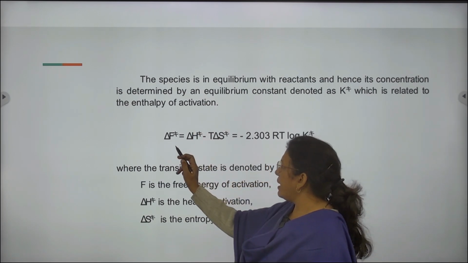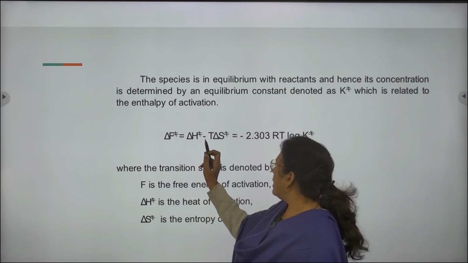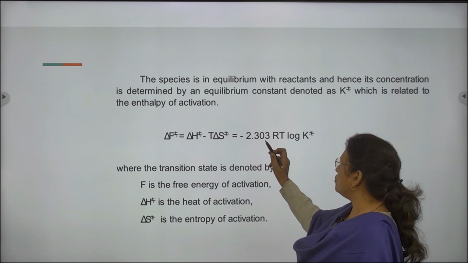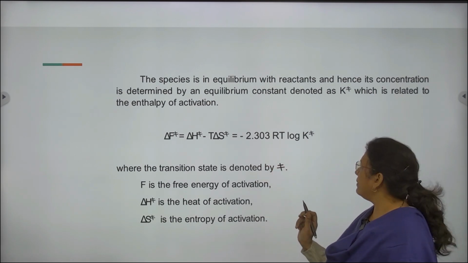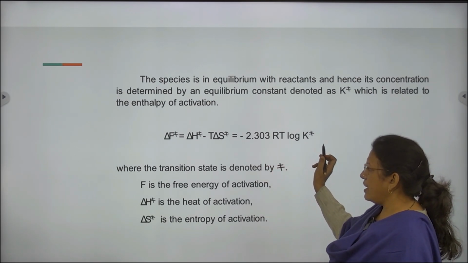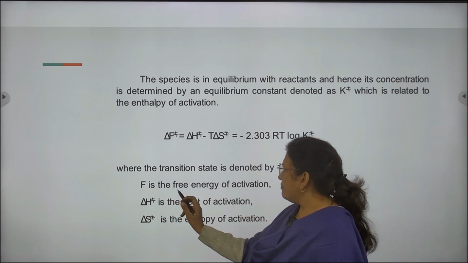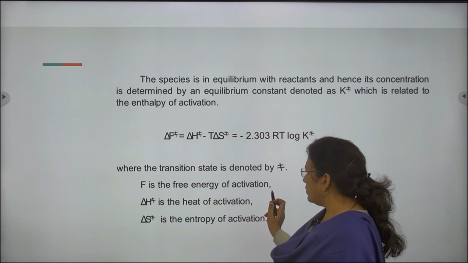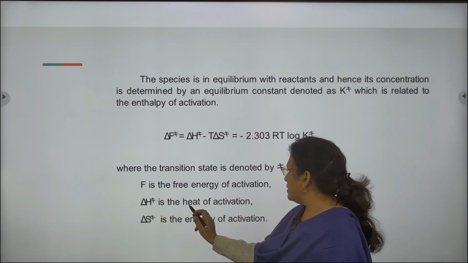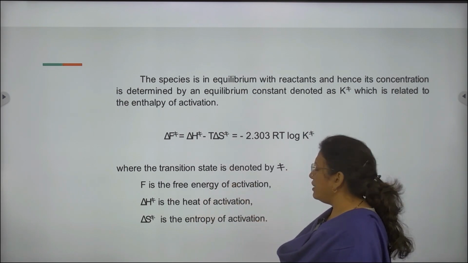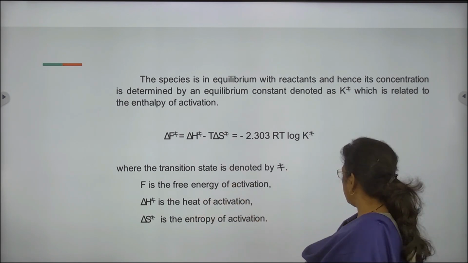Here ΔF‡ is equal to ΔH‡ minus TΔS‡, which is equal to minus 2.303 RT log K‡, where the transition state is denoted by ‡, F is the free energy of activation, ΔH is the heat of activation, and ΔS is the entropy of activation.